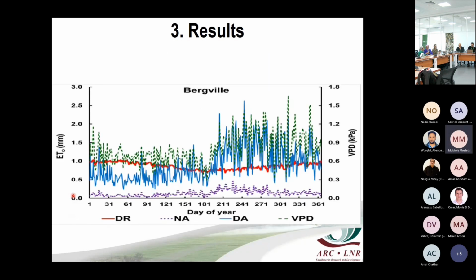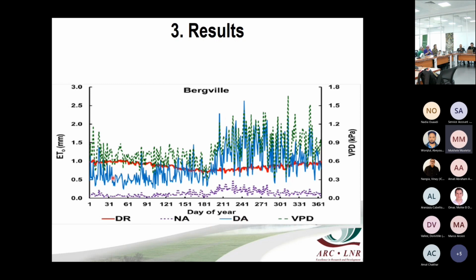Looking at an annual basis, on average, this is the variation of vapor pressure on the right, and on the left is our reference evapotranspiration, which we apportioned into the contribution by the thermodynamic component and the nighttime and daytime aerodynamic components.